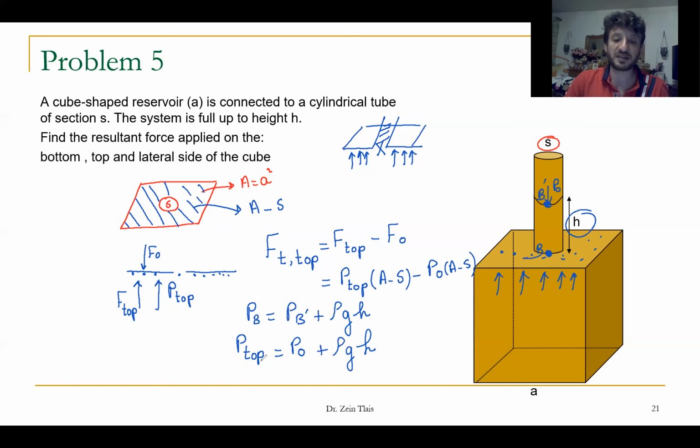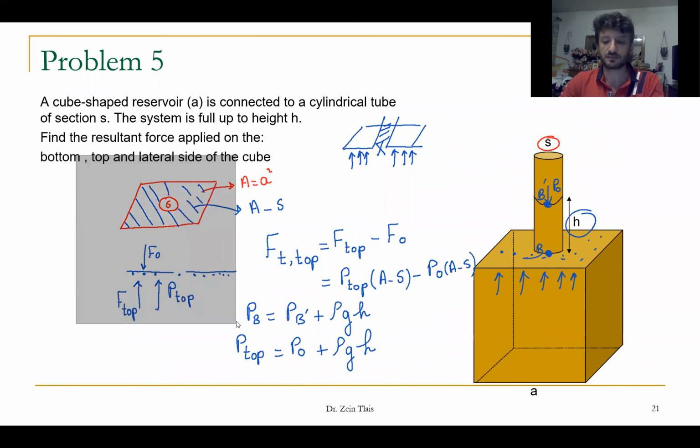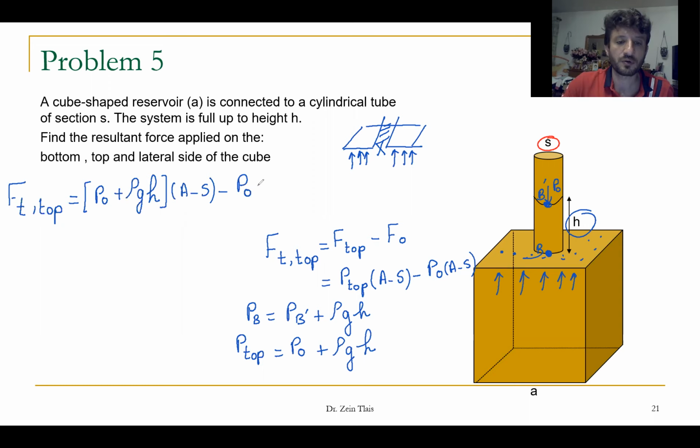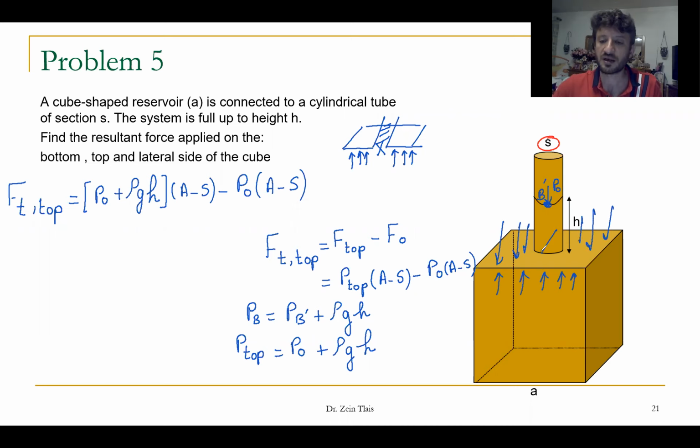We substitute the value of P top here to get F total at the top side equals P top, which is P0 plus rho g h, times A minus S, minus P0 times A minus S, because here we have P0 only at any point here.